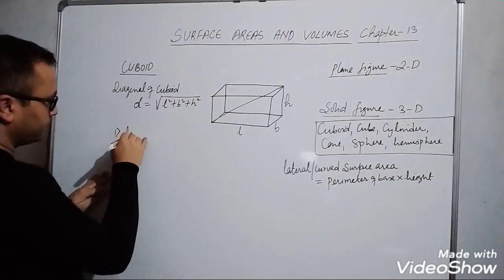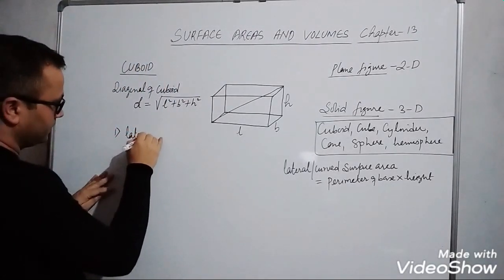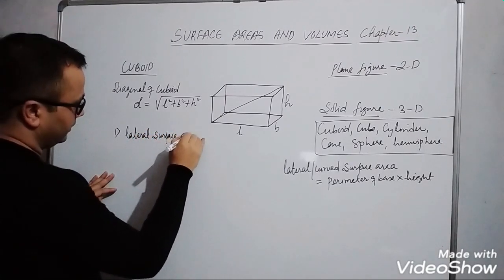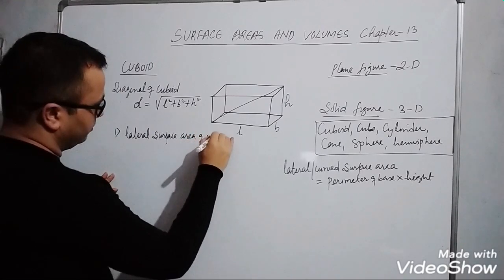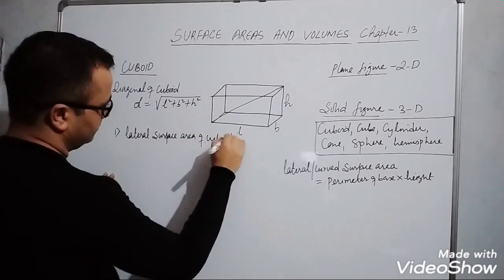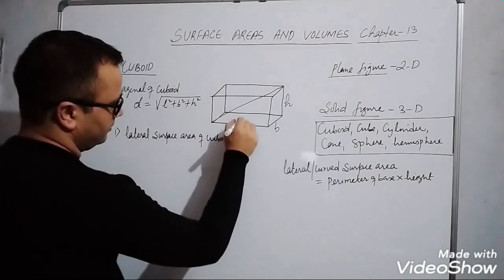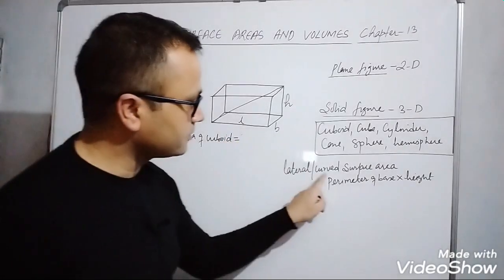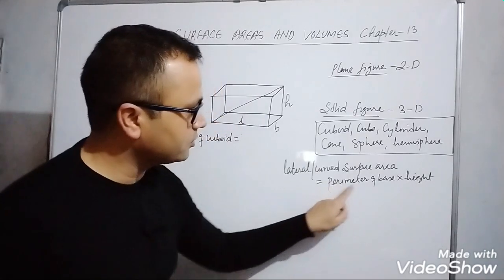So the lateral surface area of a cuboid. Now what is the formula of lateral or curved surface area? It is perimeter of base into height.